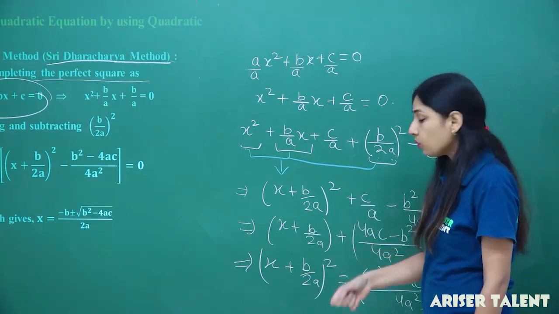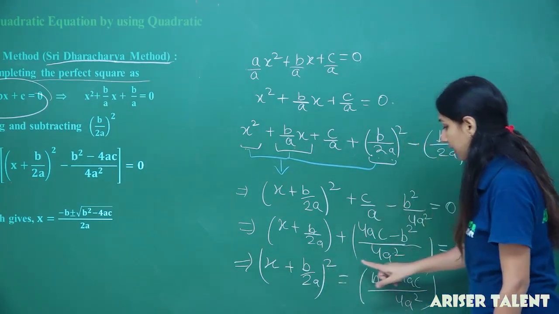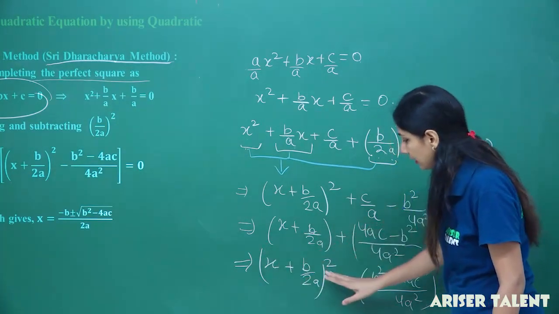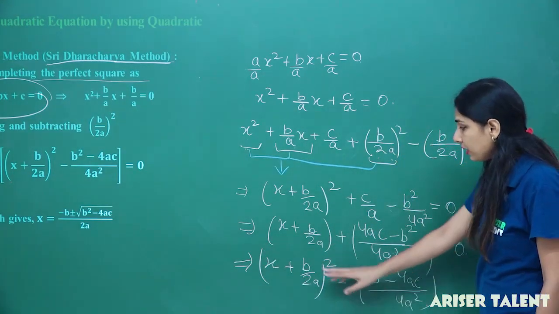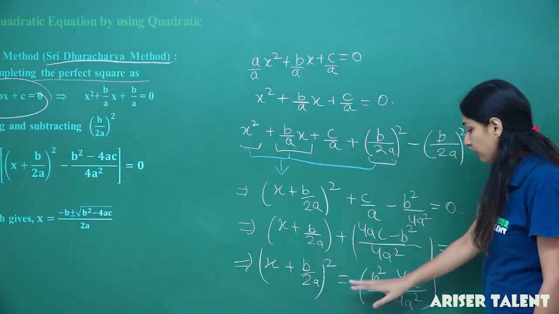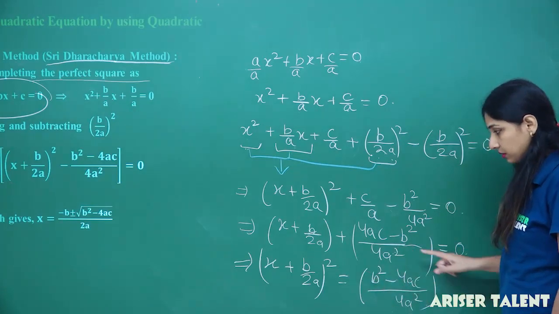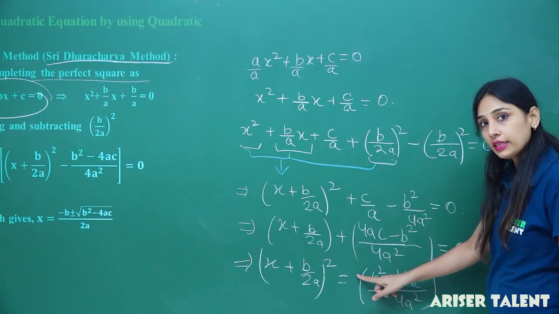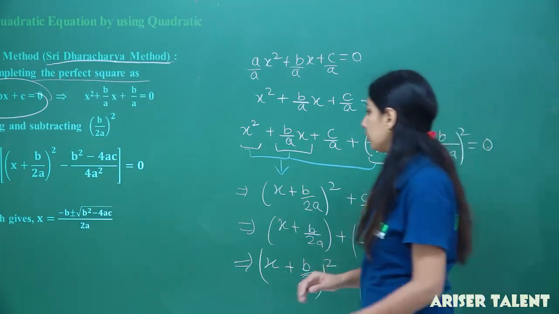Now, what will I do? I will make it so that if I am having this value over there in squares, the value of x plus b by 2a will be equals to root of this complete, and then I will just transpose it and get the answer.